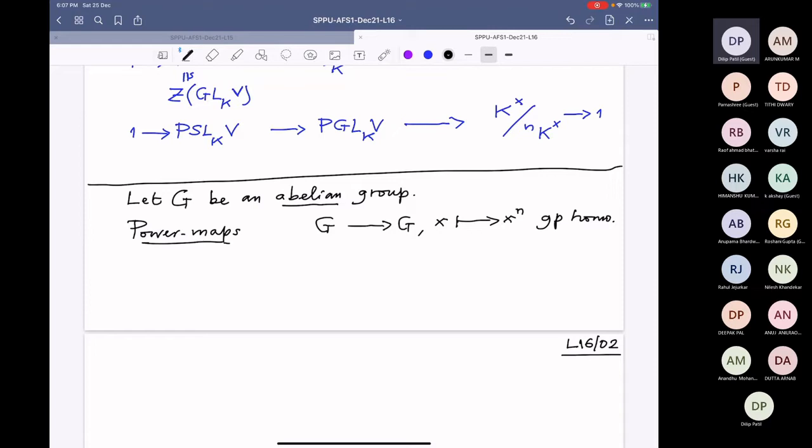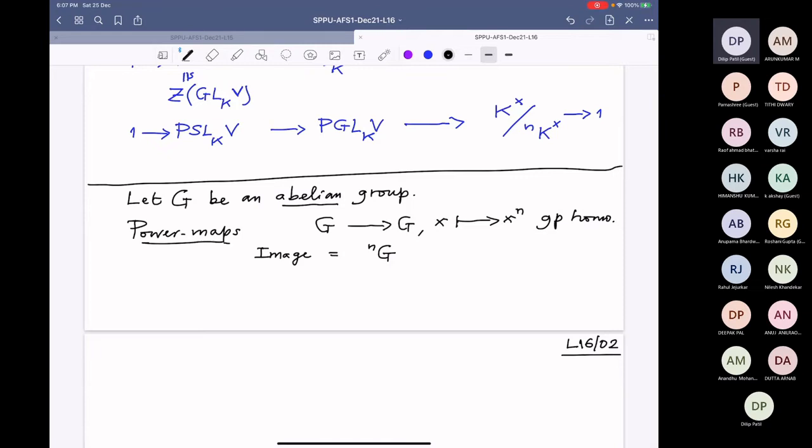And whenever you have a group homomorphism, you have two subgroups attached to it, the image and the kernel. The image I am going to denote by nG. I don't want to put n on the other side because then one will confuse it with G to the power n, which is G cross n times.